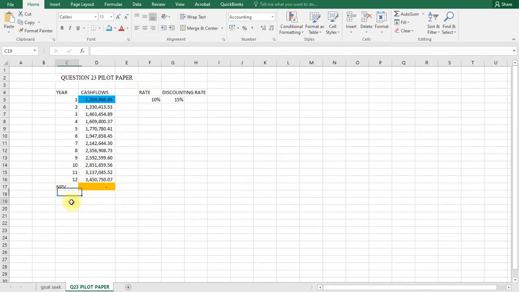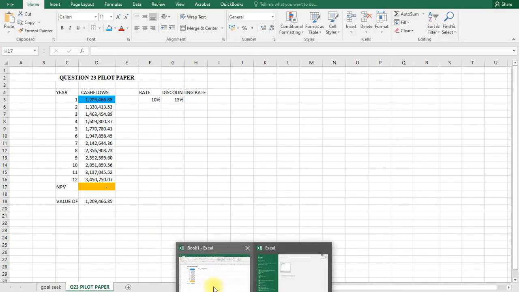So value of X can come here. The value of X will be equal to this value, and I enter. That is it. Using the goal seek to get that value, we are done with the first part.